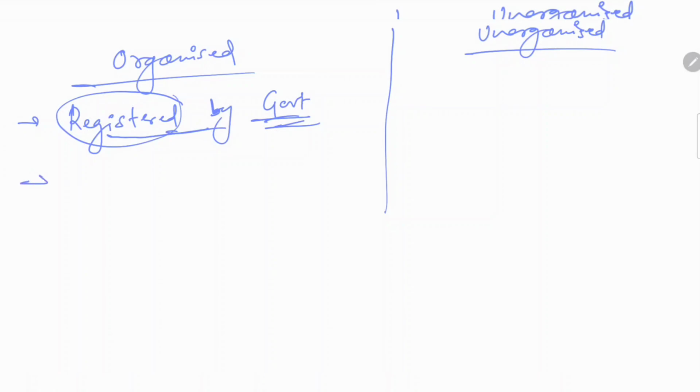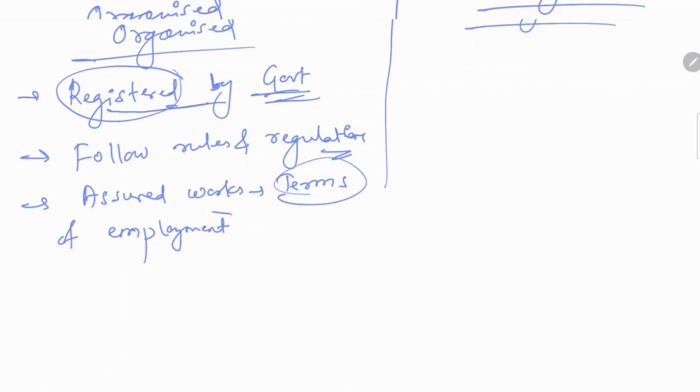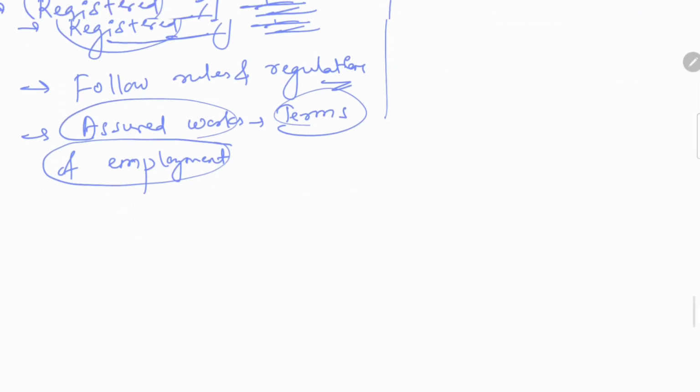Once they register, they have to follow the rules and regulations of the government. Also here there will be assured work, and there will be regular terms of employment. Terms, in the sense, the number of years one will work, will be fixed.